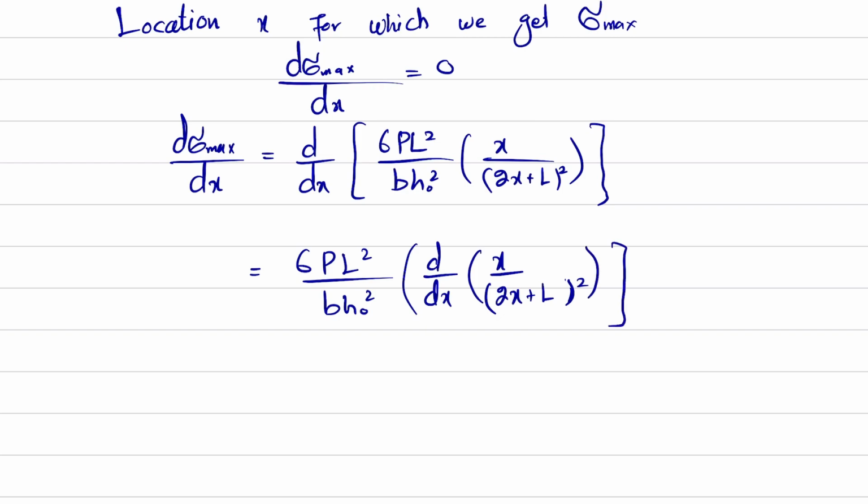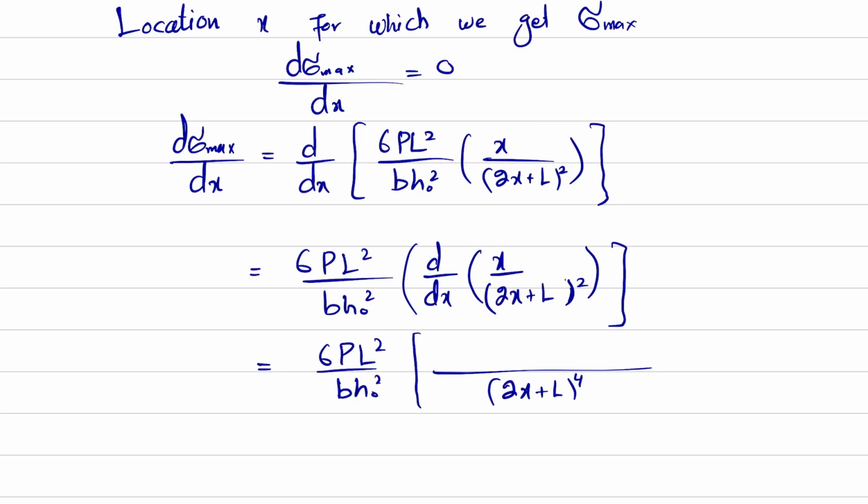6PL square over bh naught square is a constant. So by using the division rule, you will take the derivative. The denominator (2x plus L) whole square will be squared, so it will be (2x plus L) to the power 4.